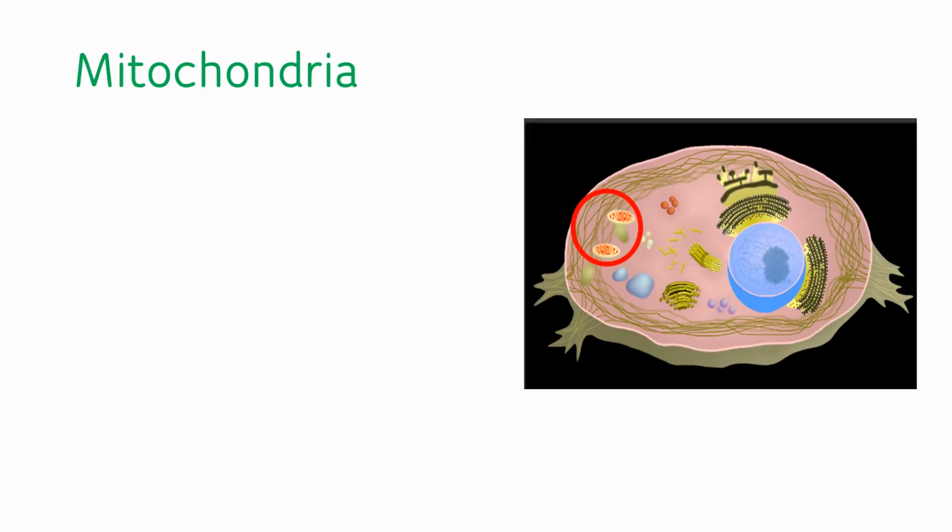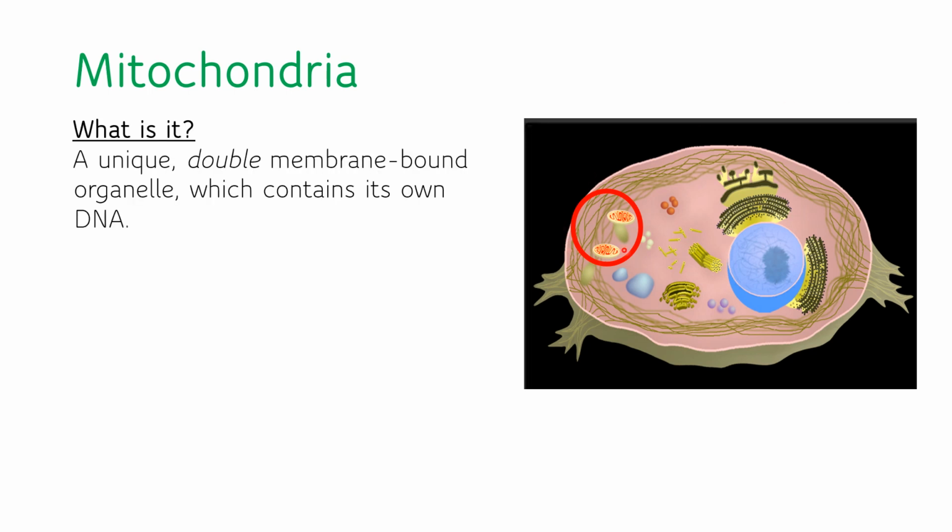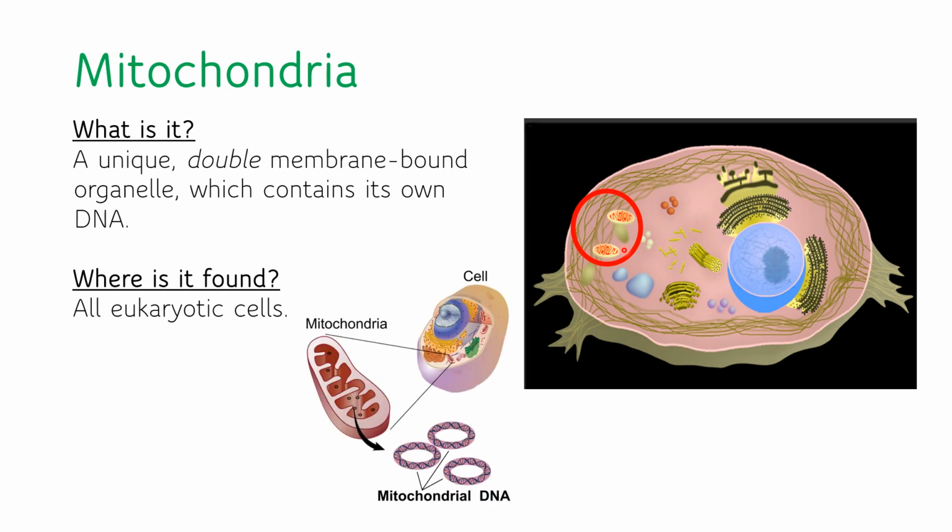Starting off with the mitochondria, because the study design singles this one out, I've circled it in this image of a cell over here in red. It is a unique double membrane bound organelle which contains its own DNA, and it's found in all eukaryotic cells. So this is what a mitochondria looks like inside a cell, and the mitochondrial DNA.